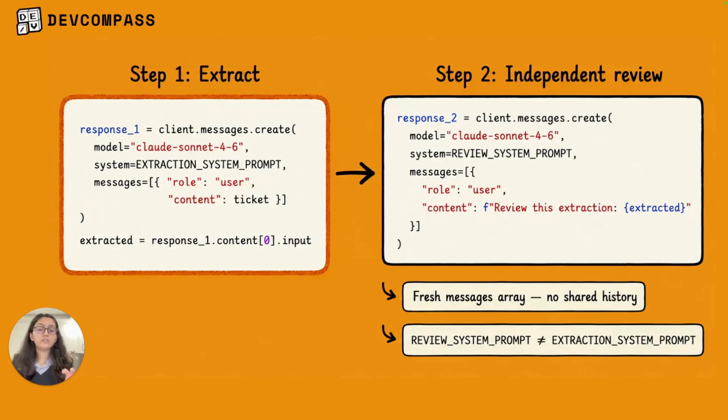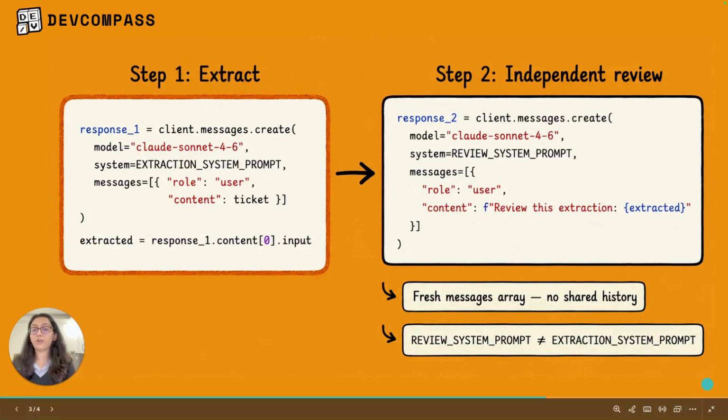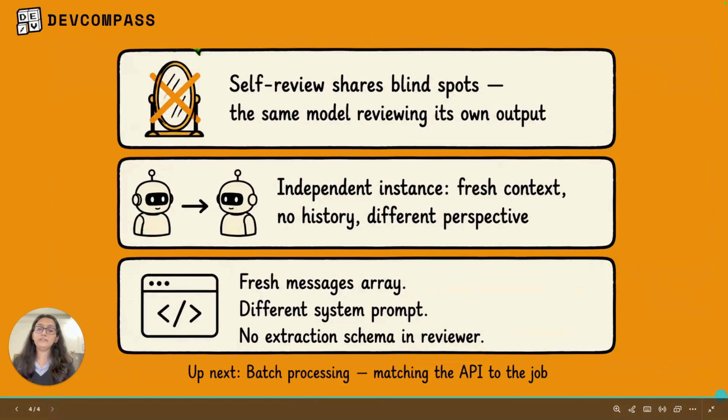That is why we need no shared history, no extraction schema, just a fresh pair of eyes. So, a fresh messages array, no shared history. This is what makes it independent. The messages array in the review call contains only the extracted output to review, not the conversation history from the extraction call. And this is all about multi-instance review.